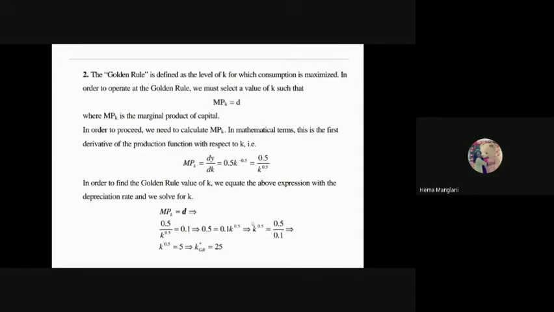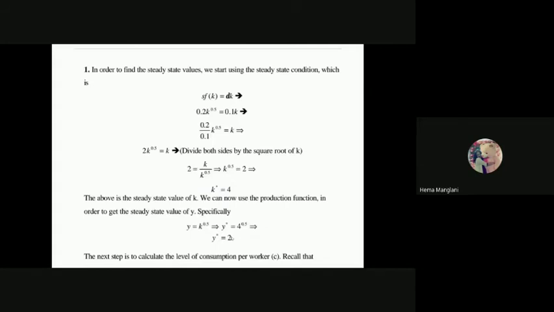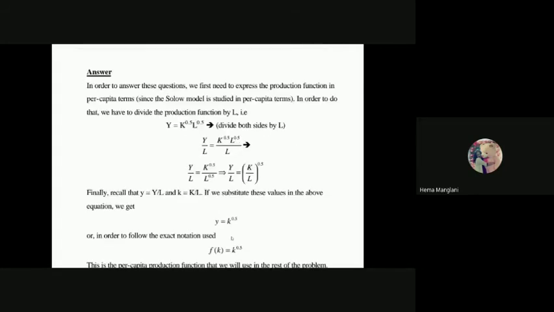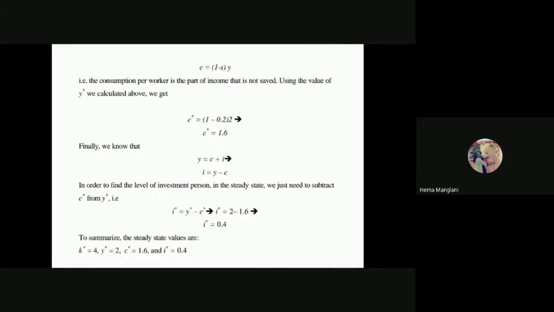So this gives us the golden rule k star, GR meaning golden rule, that is 25. You see, it is 25 now. Though in our previous solution the value of K star was 4. So it means presently our economy is operating at the steady state where the value of K star is 4.